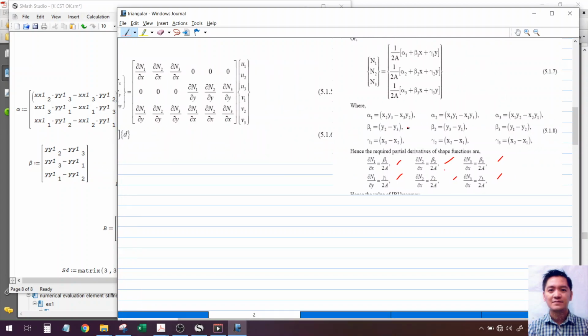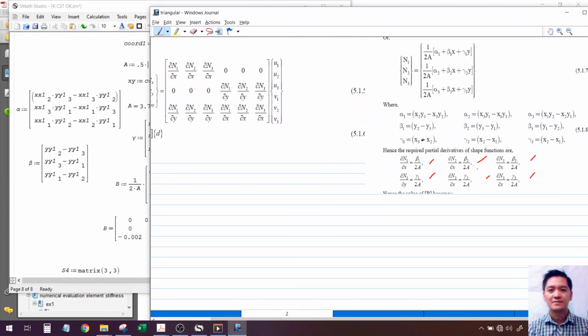You will notice, ginawa ko ng matrix ito: alpha 1, alpha 2, alpha 3, which is this. Okay, x2, y3, x3, y1, x1, y2, minus x3, y2. Okay, ito yun, no?